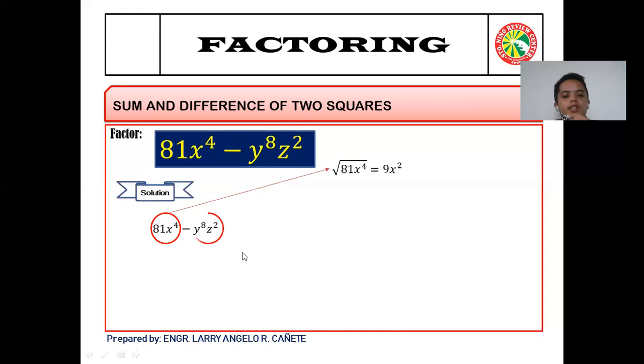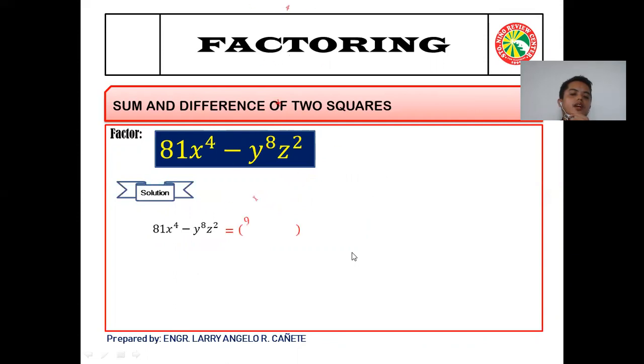And the square root of y to the eighth c squared is y to the fourth c. And it is between subtraction, so it qualifies to the requirements. Therefore, this is factorable. So these are the factors. It only matters on the sign, the plus and the minus.